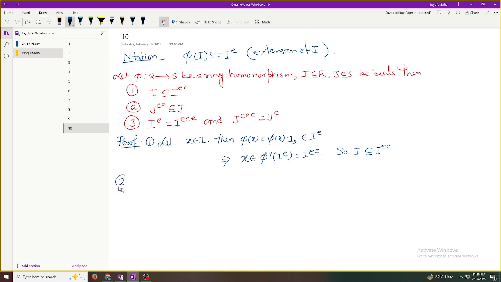Number 2 is again simple. Let y belong to J contraction extension.